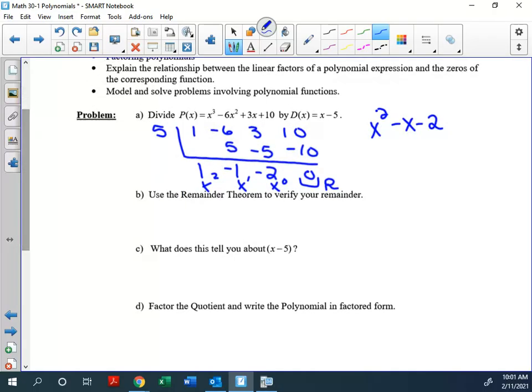So use the remainder theorem to verify your remainder. Remainder theorem basically says, take the polynomial, plug in the root of your divisor, put it into your equation. Oh, I put it at 0 for some reason. 5.